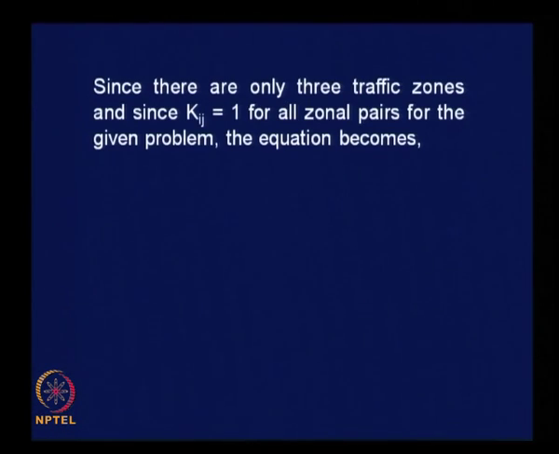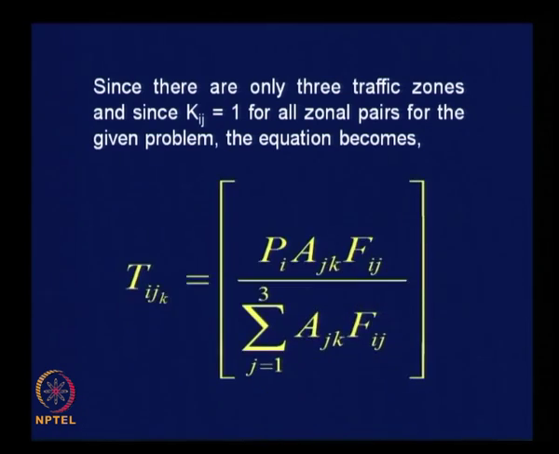With that information, since only 3 traffic zones are involved and Kij, the zone to zone adjustment factor, is given as 1, we wrote the gravity model in this form: Tijk equals Pi Ajk Fij divided by the sum over j equal to 1 to 3, only 3 traffic zones, of Ajk Fij.